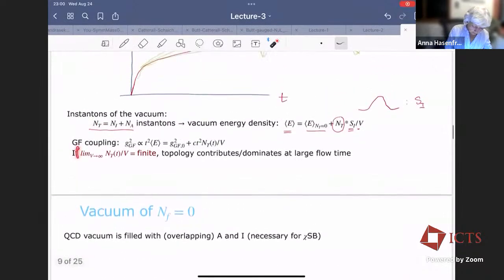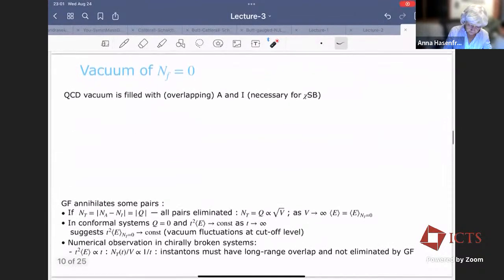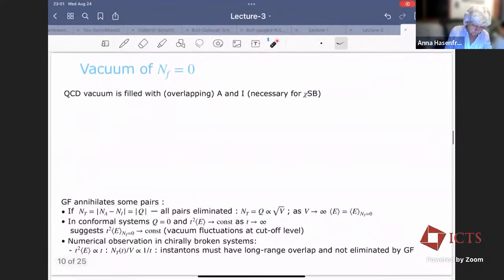Really the question is, what happens to the total number of topological objects, not the net charge, not instanton minus anti-instanton, but the number of objects, as we increase the volume and change the flow time. Now, what are the possibilities?